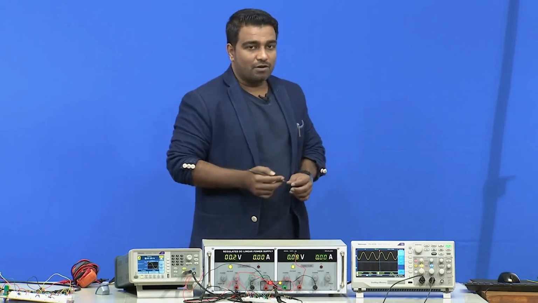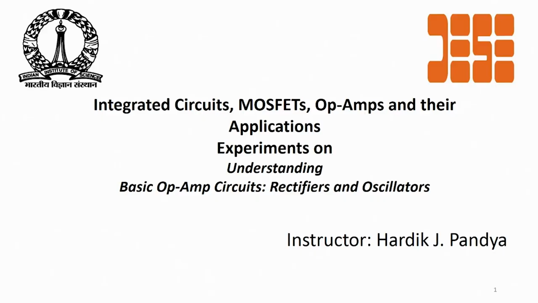Okay. If you come back to the screen, we have to understand the basic op amp circuits, and today we will understand rectifiers and oscillators, very important applications of operational amplifier circuits.